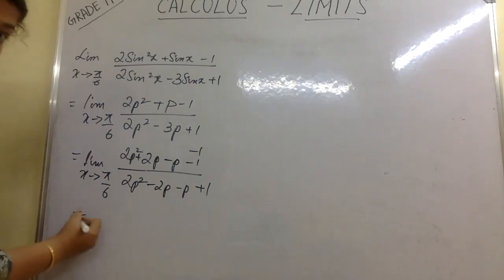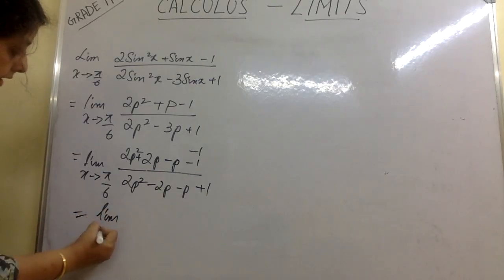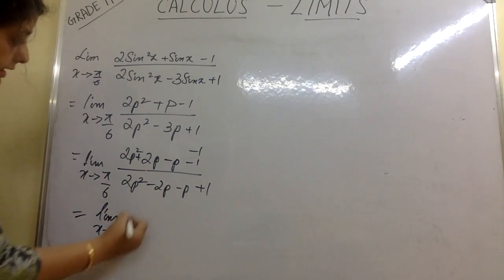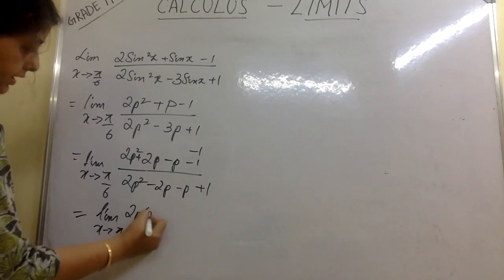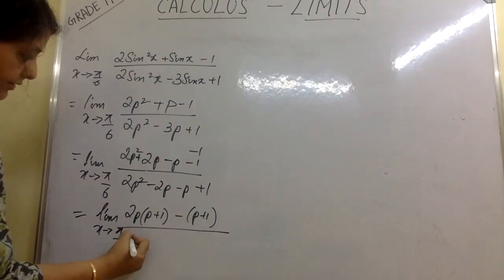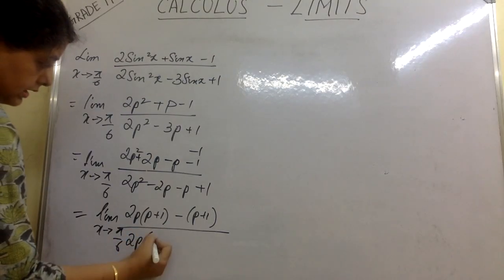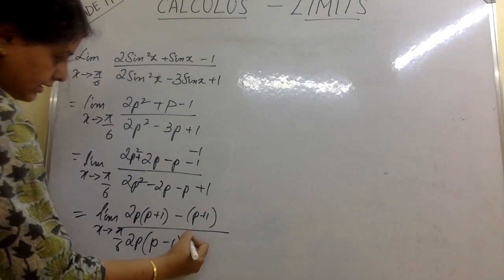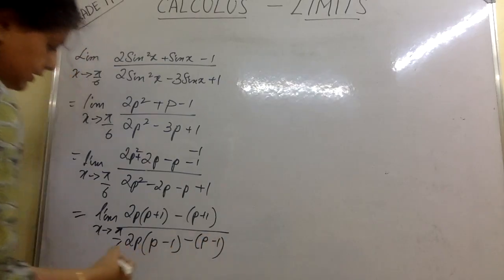So that makes it limit x tends to pi by 6, this is 2p, p plus 1 minus p plus 1. Simple factorization, 2p, p minus 1 minus p minus 1.